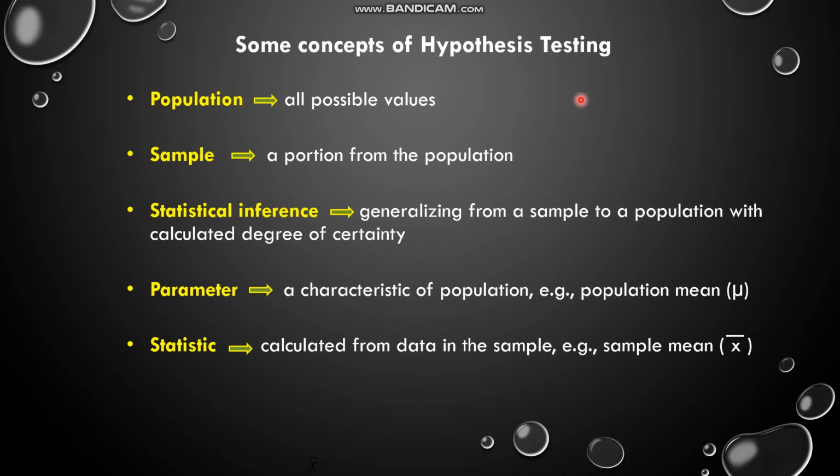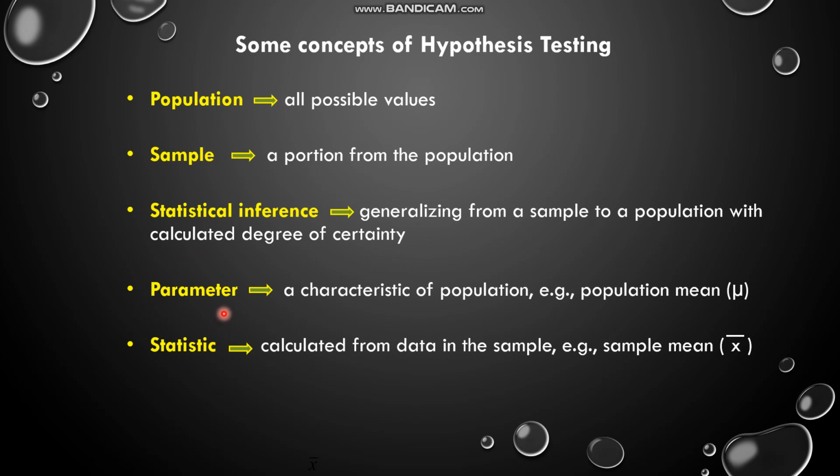Now some concepts of hypothesis testing we will see here. The first one is the population. The population means all possible values. Sample is a portion from the population. Statistical inference is generalizing from a sample to a population with calculated degree of certainty.